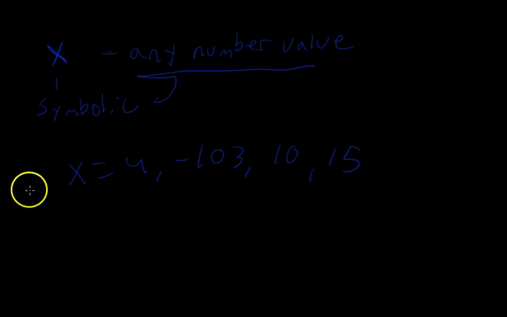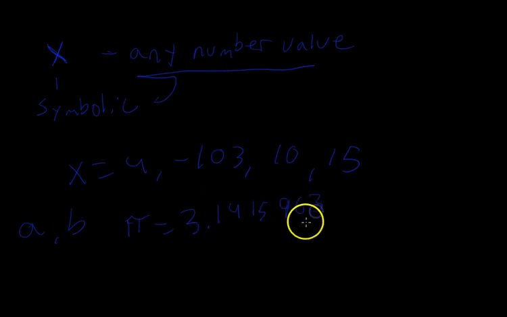And they don't have to be letters, like x is a letter. I mean, you can also have a or b, which are letters, but you can have things like pi. I'm sure you guys have all seen pi. That's not a letter in our alphabet, but it stands for a number value, a numeric value, 3.1415963, and then it goes on, and that's all I've memorized.